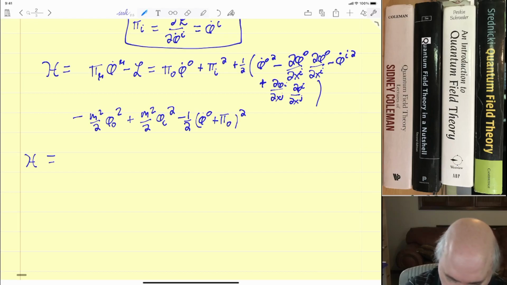So H, I have pi 0 phi dot 0, plus pi I squared, plus 1/2 phi dot 0 squared, minus 1/2 partial phi 0 with respect to xi, partial phi 0 with respect to xi.